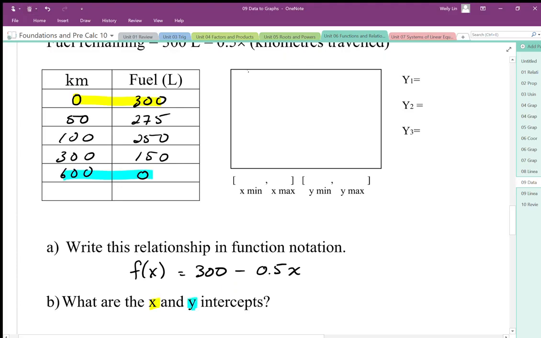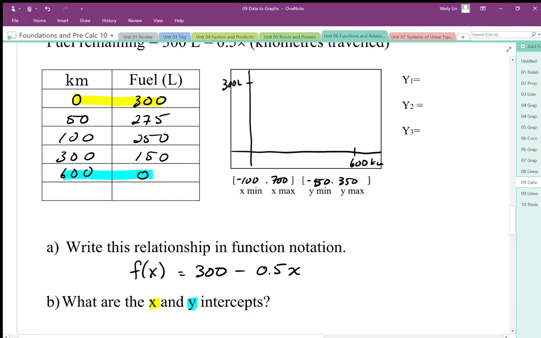So when I draw my graph here, and I know that I can't go less than 0 for either kilometers or fuel, I can say that my x-intercept is 300 kilometers, sorry, 300 liters. Okay, and my y-intercept here is going to be 600 kilometers. Okay, so I'm going to go from negative 100 to, let's say, 700 kilometers, and then negative 50 to 350.